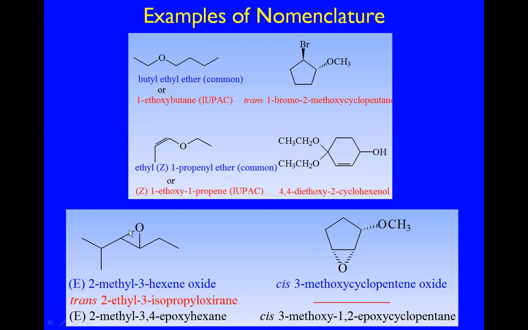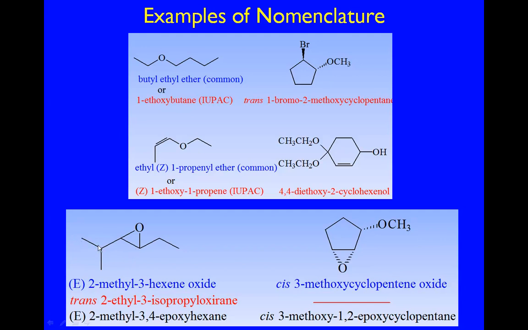We already saw that these are called oxiranes. This epoxide is trans. Let's say if we were to take this oxygen off, this is where the alkene would have been. So this is derived from the trans alkene, or E alkene. So you have to mention the geometry of that. The configuration of the two alkyl groups are opposite to one another, so it's called trans epoxide or E epoxide. E-2-methyl-3-hexene oxide.